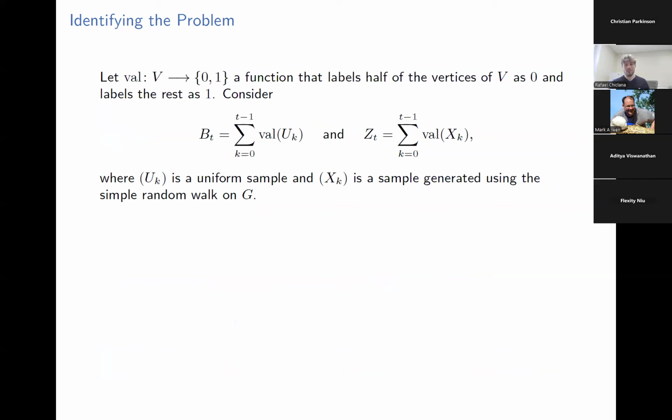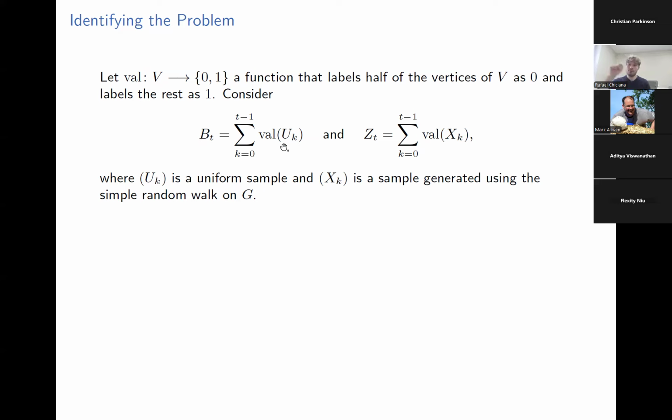Okay, so we have our set V. Let's label our vertices. Half of the vertices will be 0, and the other half of the vertices will be 1. So each vertex will have its label. And now I will consider these two sequences of random variables. The first sequence is, I will consider B_t to be my uniform sample.